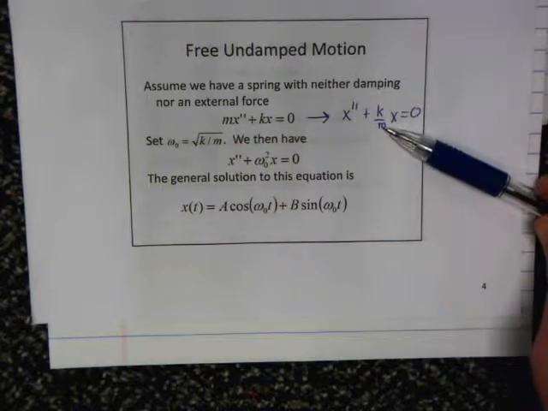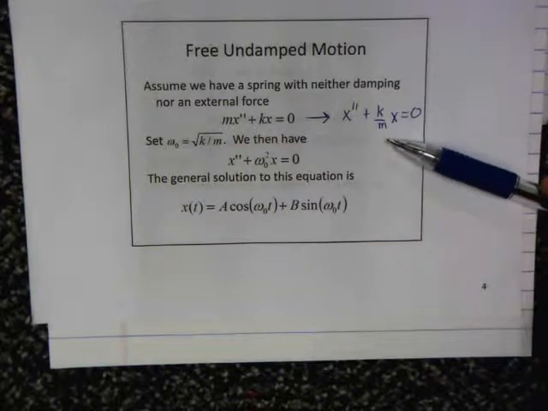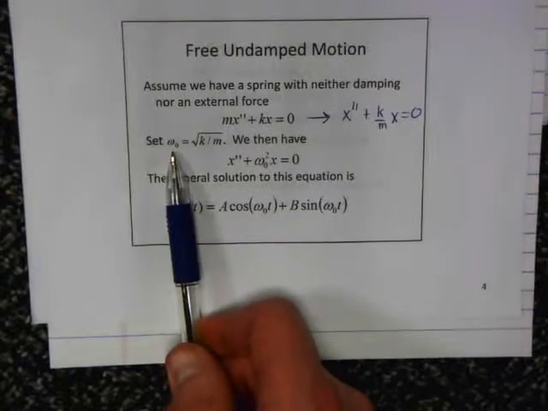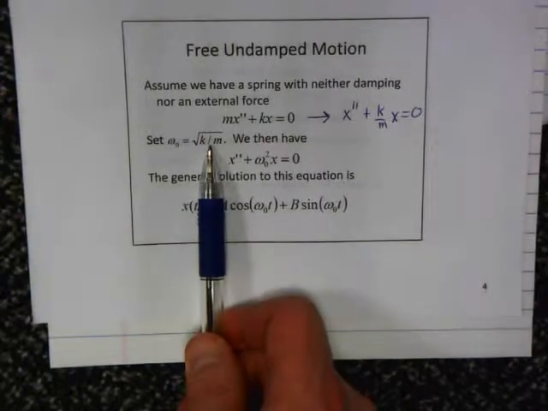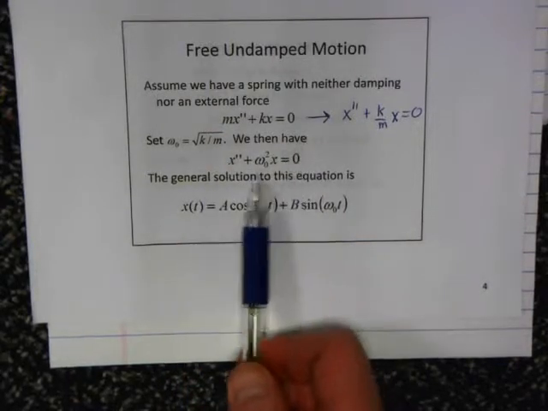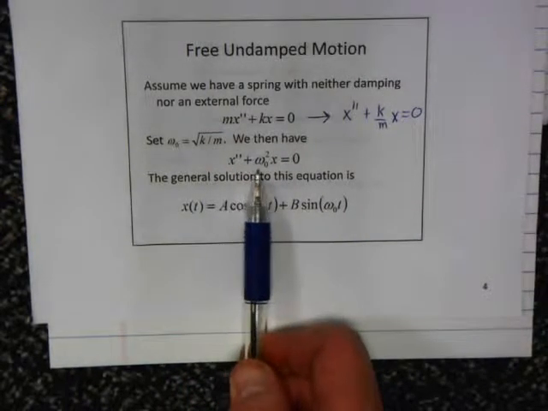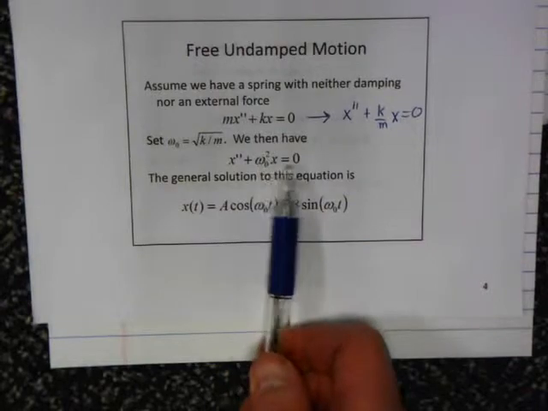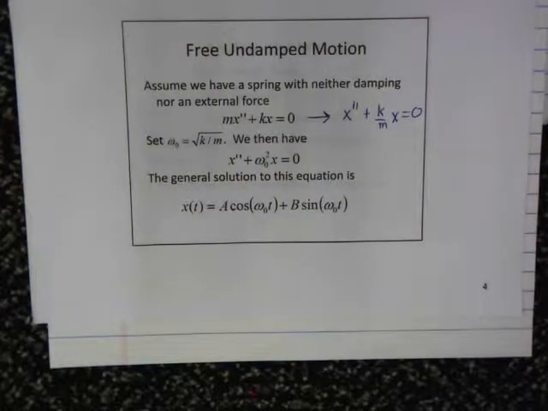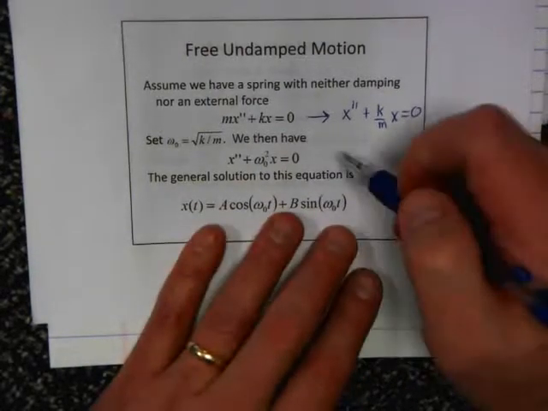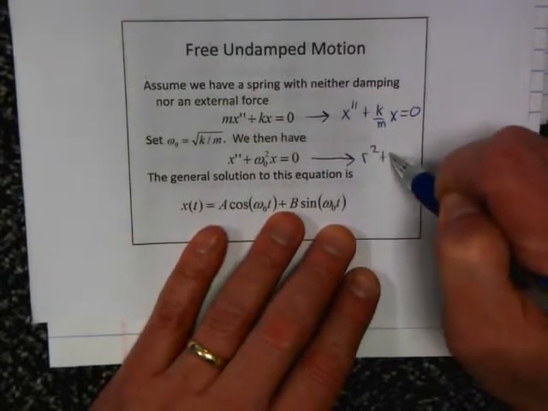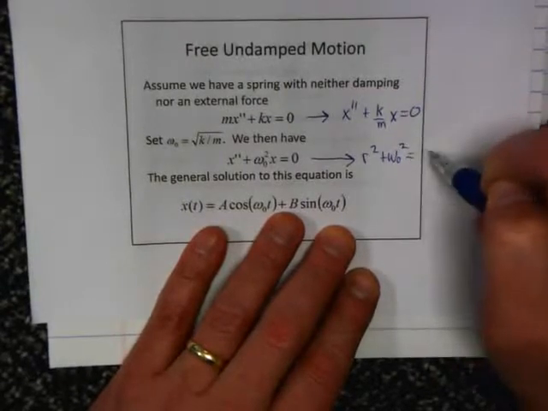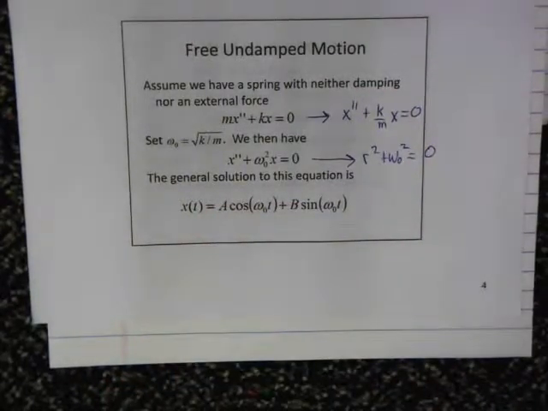Since these are both positive numbers, I can take their square root, can't I? So we're going to let omega naught be the square root of k over m. Then this equation becomes x double prime plus omega naught squared x equals 0, which has a characteristic polynomial of r squared plus omega naught squared equals 0. And what are the solutions to that equation?